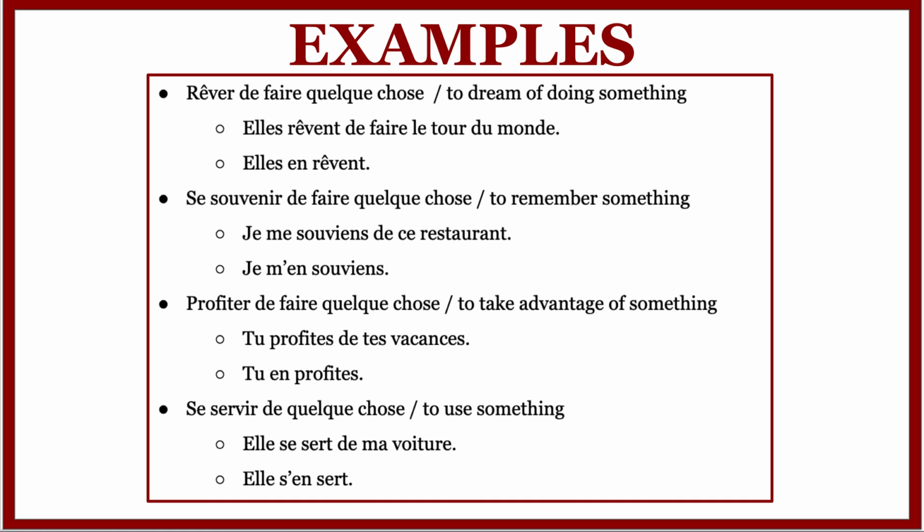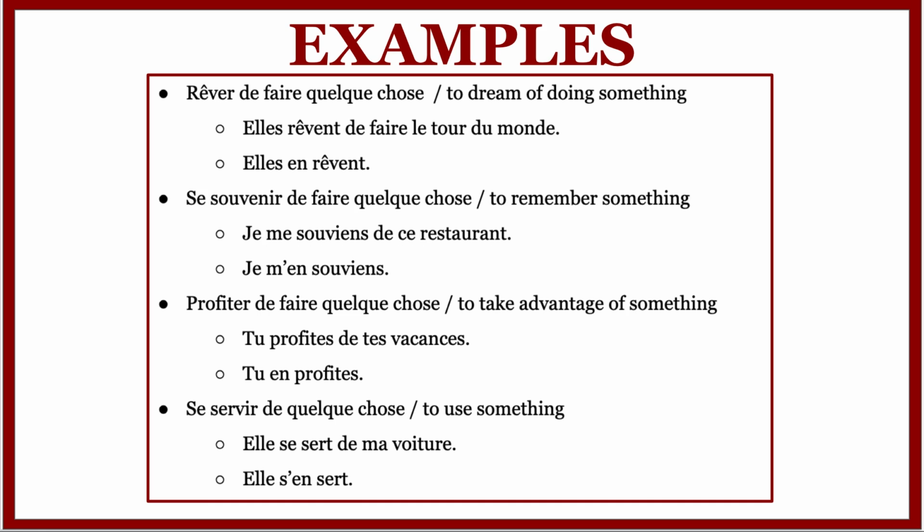All right? So se souvenir de can be followed by an infinitive. It can also just be followed by a thing or even a person. Look at this. Je me souviens de ce restaurant. I remember this restaurant. Je m'en souviens.